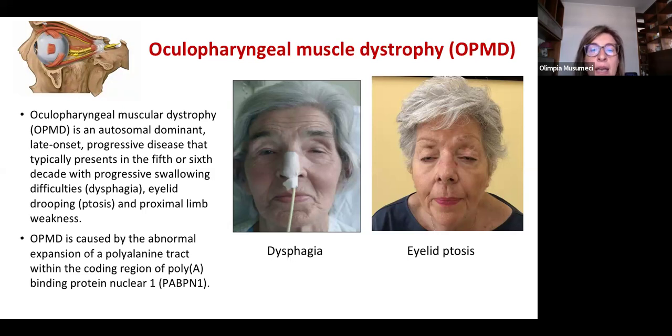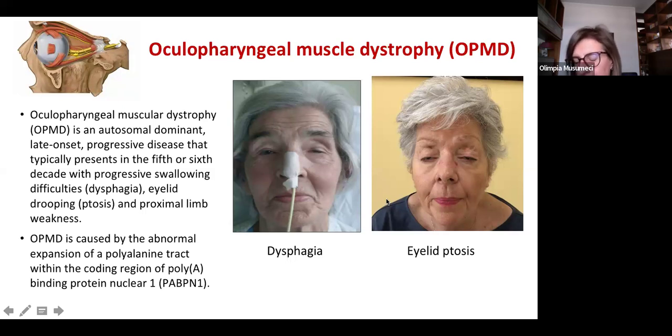It is associated with severe difficulty in swallowing and sometimes with proximal limb weakness. It is due to an expansion of a polyadenylate tract in the polyadenylate-binding protein nuclear 1 gene, and these are our 2 patients with this condition, where you can see the severe dysphagia that can lead to a really progressive swallowing difficulty, and the eyelid ptosis.